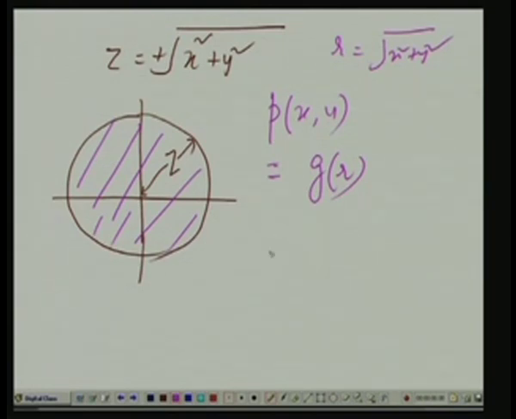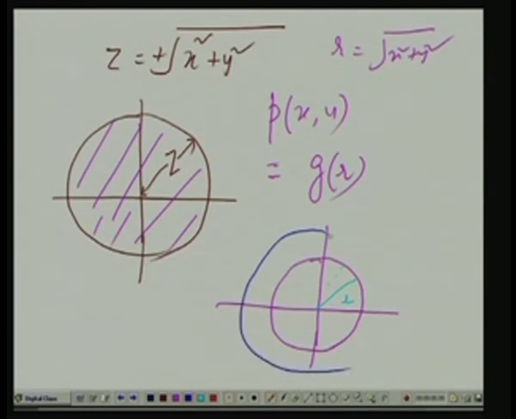Now, let us consider a circle here of radius r, and this angle is theta, and then you take another circle of radius r plus dr. Okay.